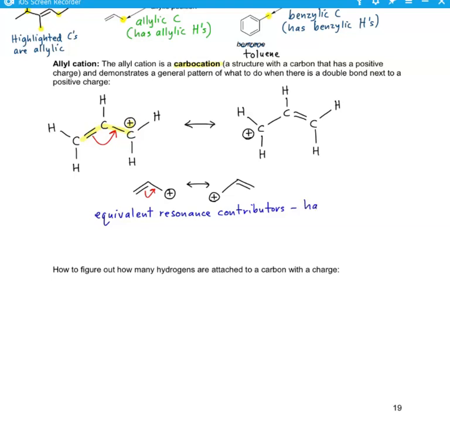They have exactly the same features in terms of charge and what type of atom the charge is placed on, the presence of the double bond, and so on. And in this case, they contribute equally to the hybrid.